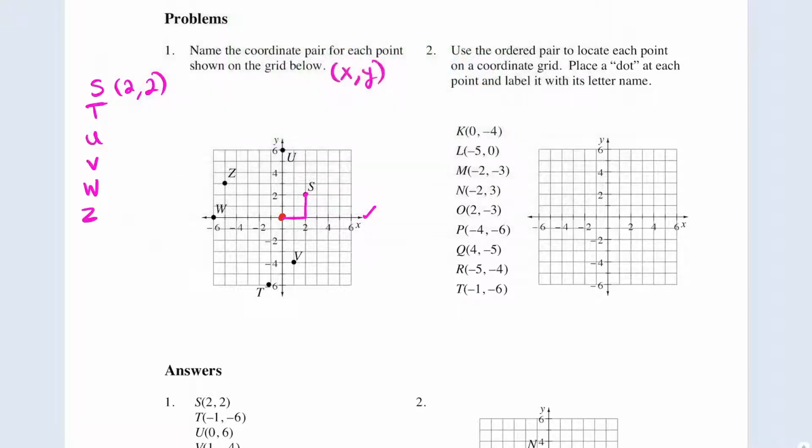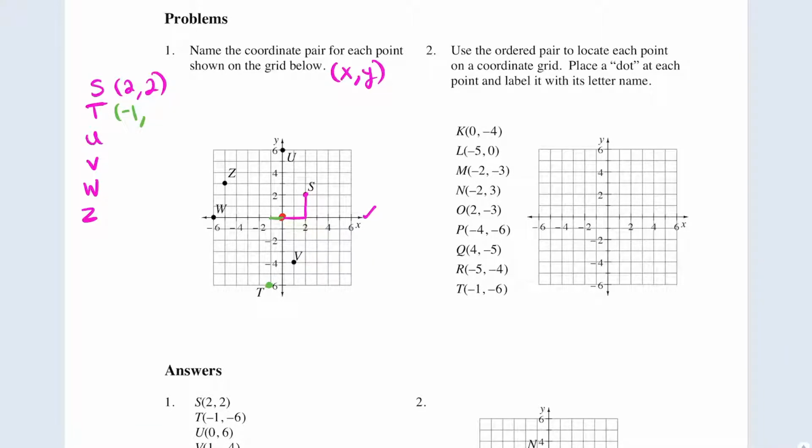I'm going to switch colors here so we don't get confused. I'm looking for point T. All right, so point T is down here. So again, starting with my x-axis, I'm going to start from my origin, this red dot here. I'm going to go over until I get to the position of point T, which is right there. So I move to the left 1. Okay, so my x coordinate is going to be -1, right?